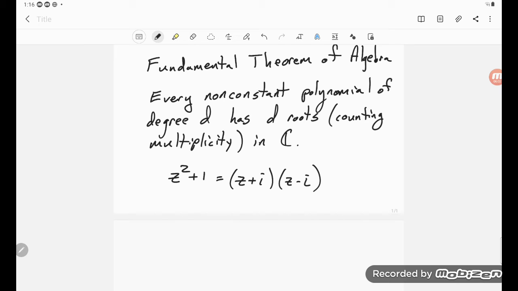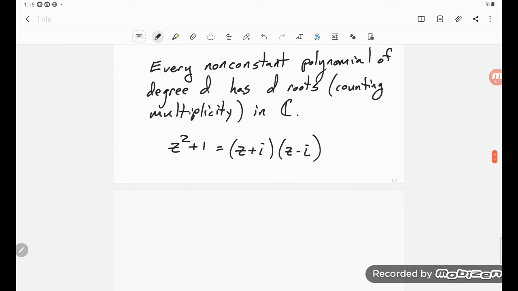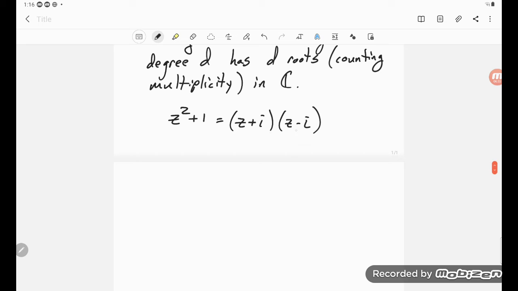Okay, and I certainly could have put an x there, but since I knew the answer was going to be a complex number anyway, the i and minus i, I just went ahead and used z. So for our polynomials, we can always just put a z there, assuming that some of the roots may be complex numbers.